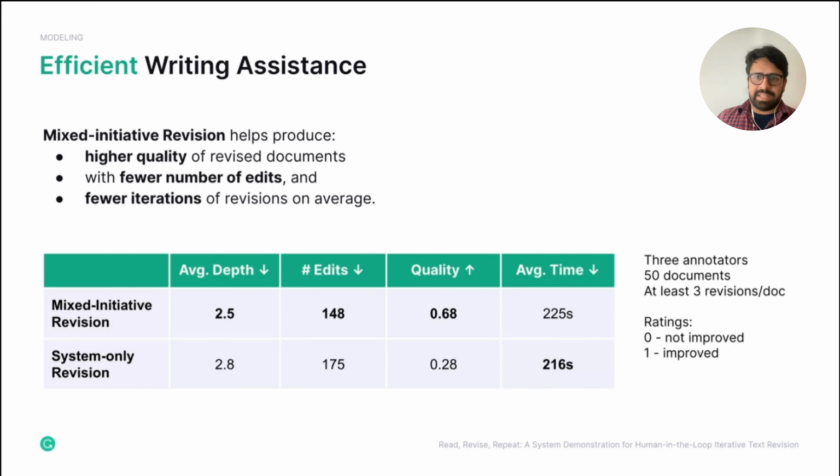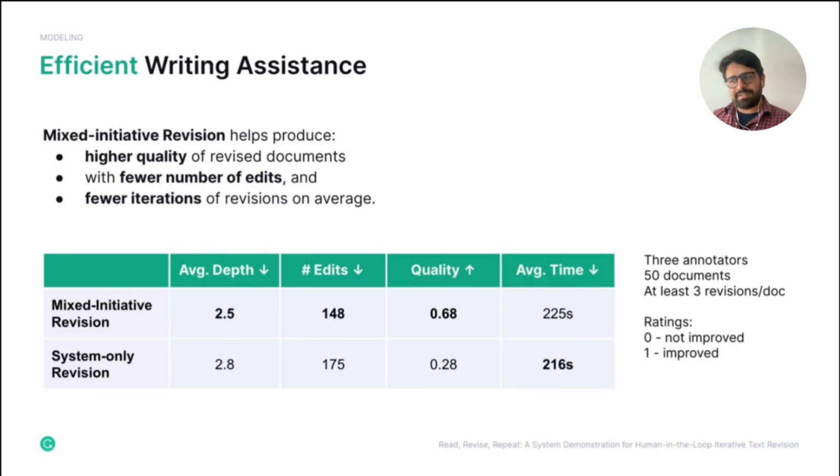And this gives us the system-only baseline, where annotators were asked to judge only whether the final revised documents have improved quality.